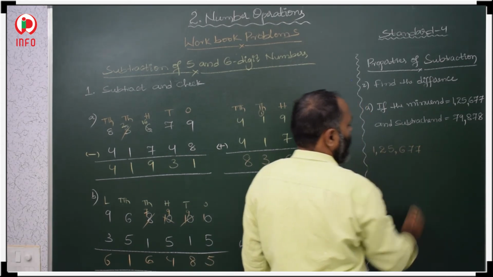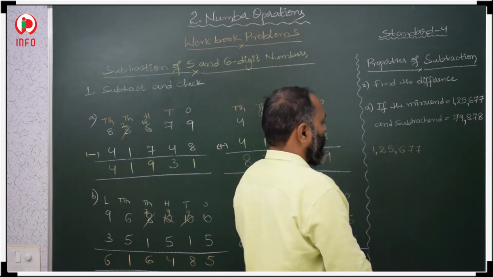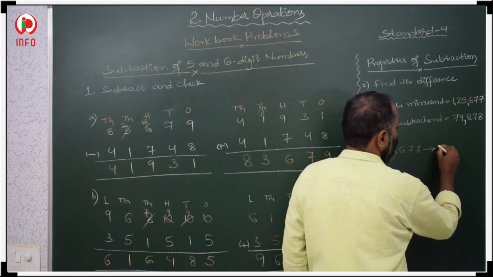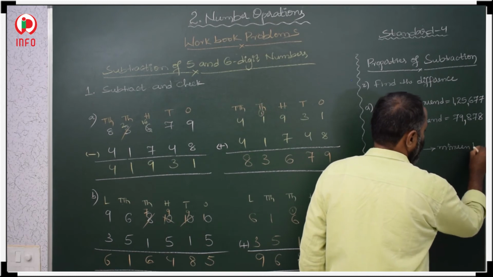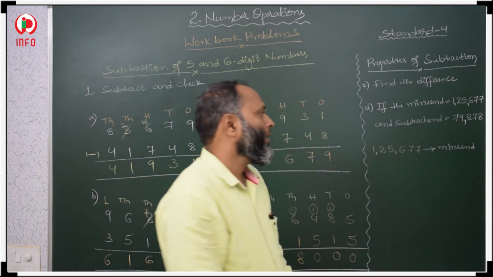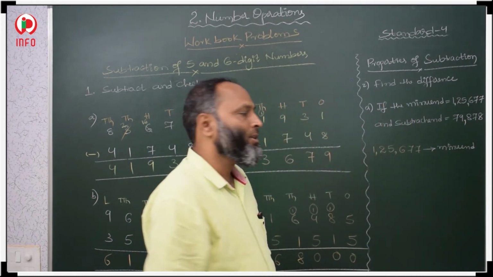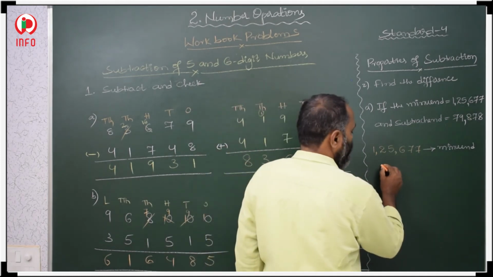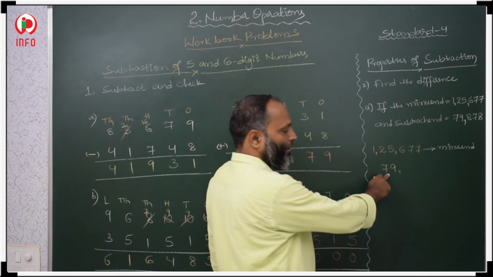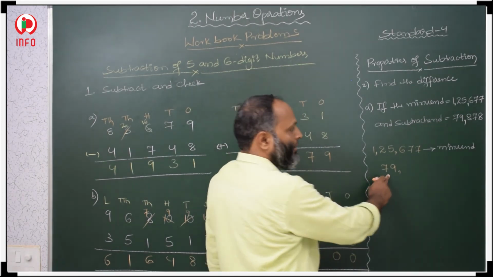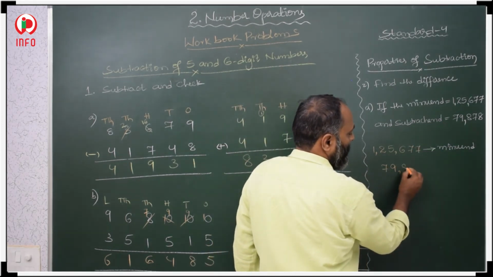1,25,677. Then what is this? Minuend. Next what do we have to take? The subtrahend. 79,878. We have to start from 10,000, because there are no lakhs.